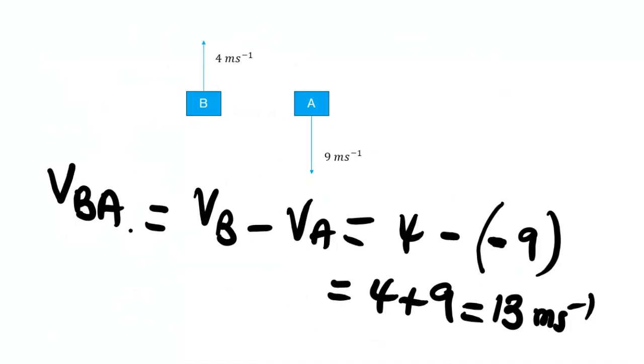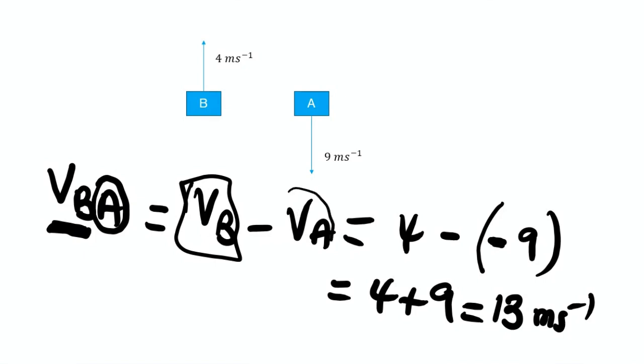So try to identify your observer. Remember, the observer is the one that comes last, and the actual velocity that you want to compare comes first. So it becomes VB first, always positive, minus VA, and then VA becomes negative inherently when it is opposite to whatever you want to observe or compare with.